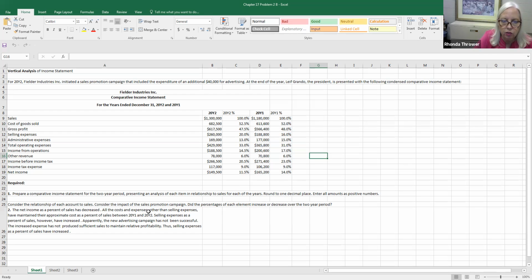All the costs and expenses other than the selling expenses have maintained their approximate cost as a percentage of sales between the years 2001 and 2002. They may have changed a little bit, but not enough to make any big difference.